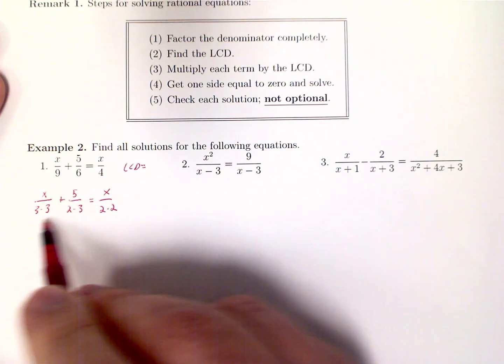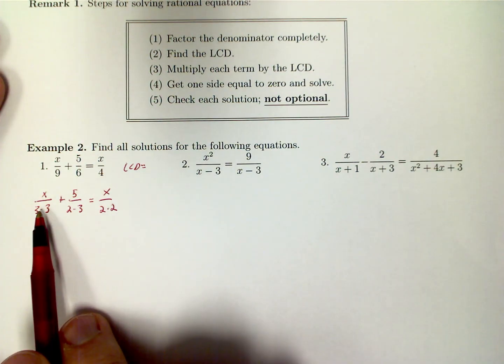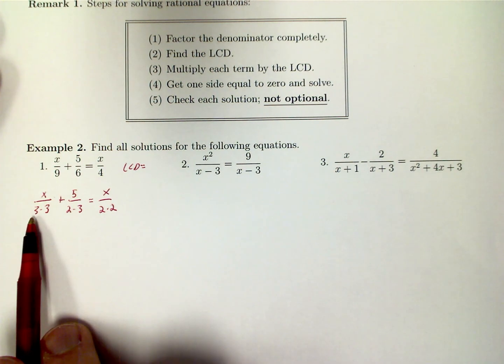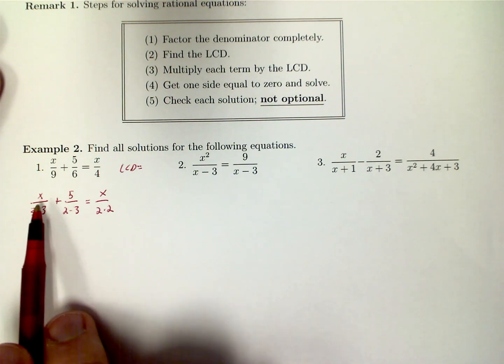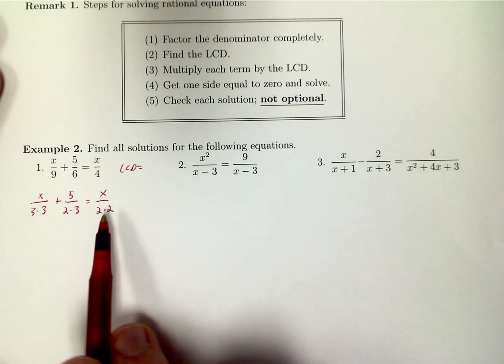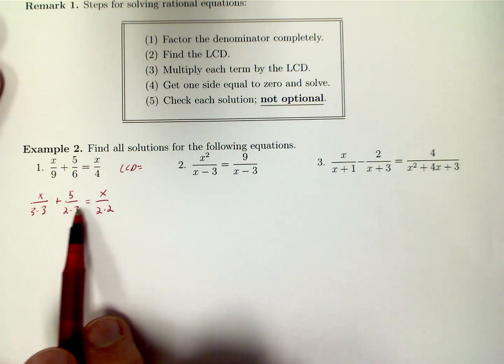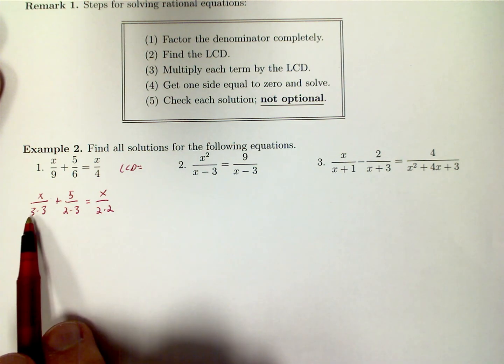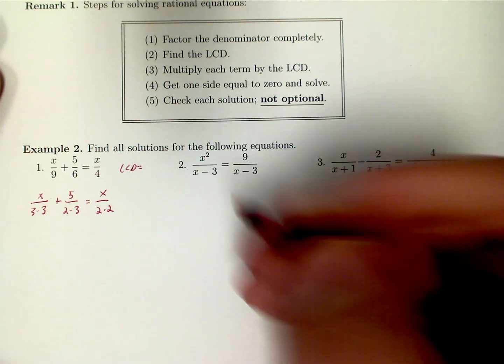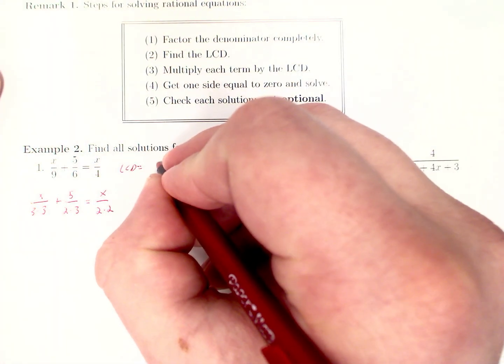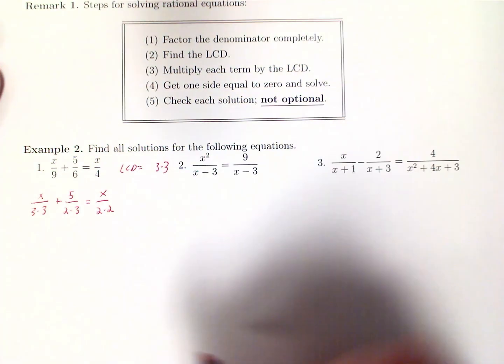Now for the LCD for number 1, to be able to add, subtract, or whatever, we need a common denominator, so everything must be in the LCD. Here we have 2 copies of 3, so 2 copies of 3 must be in the LCD.